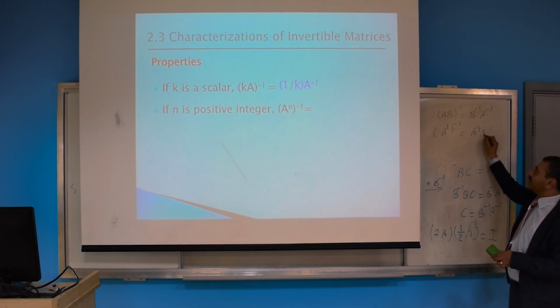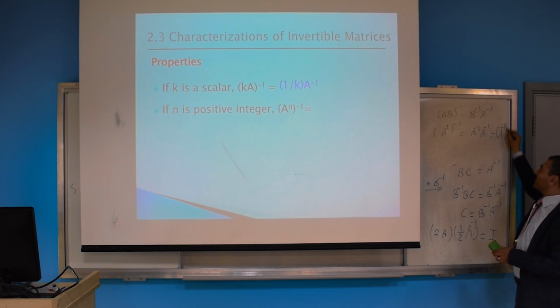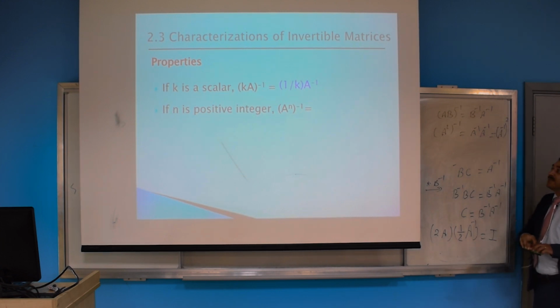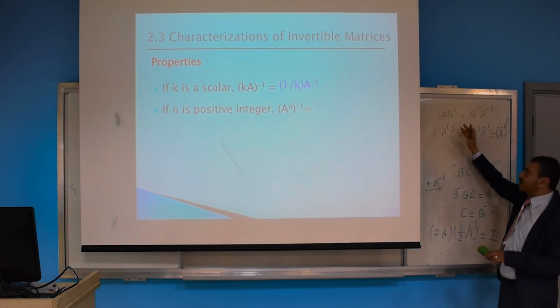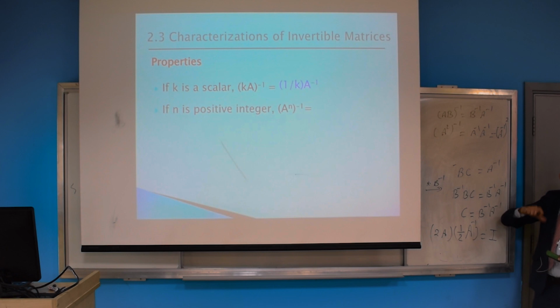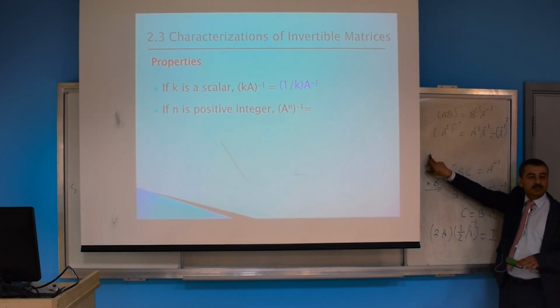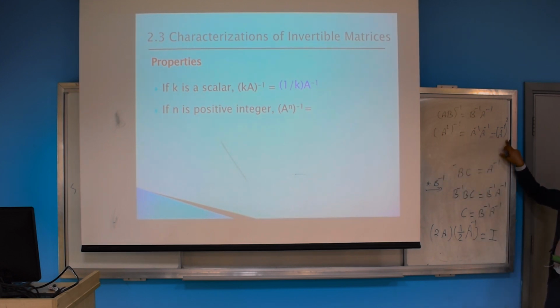The inverse of A times the inverse of A is the inverse of A square. You can interchange these. So if you have the inverse of A and I asked you to find the inverse of A square, multiply the inverse of A by itself. Okay?